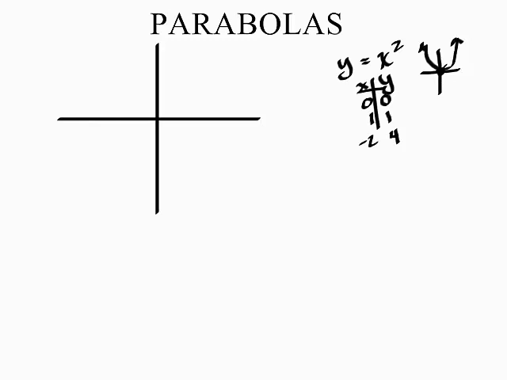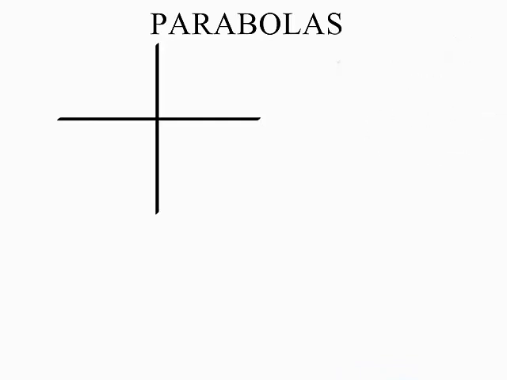But what I really wanted to do today was talk about, in general, the focus and really what the definition of a parabola is. The definition of a parabola is all the points that are equal distance from a point to a line. The point we're going to call the focus, the line we're going to call the directrix.